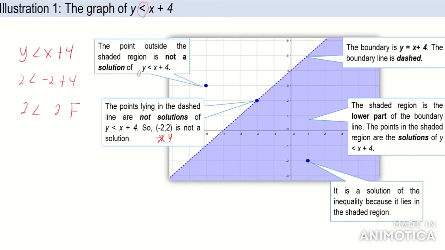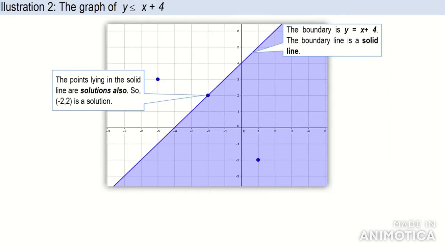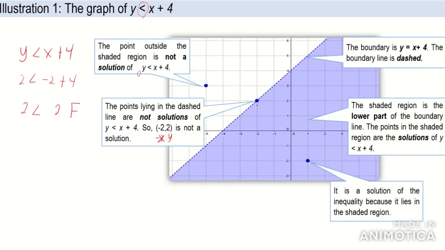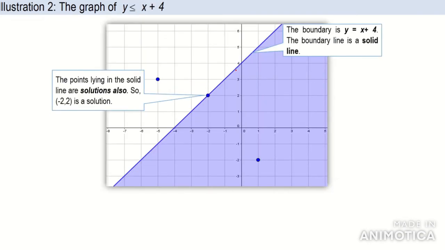Okay. Now, I'll be making use of the same terms x plus 4 and y, but we will just be changing the degree of inequality. Say we have here the graph of y is less than or equal to x plus 4. Comparing to the previous one in which the boundary line is dashed, you can now see here that the boundary line now is a solid line.